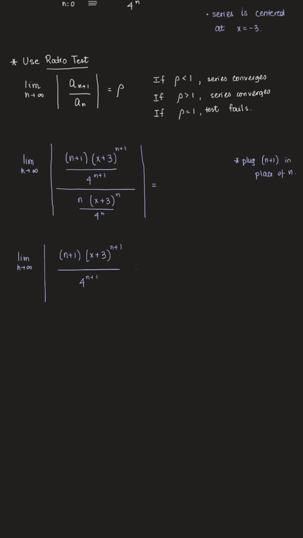And now I'm going to multiply by the reciprocal of the denominator. So we're going to have 4 to the n over n times x plus 3 to the nth power. Now I need to start simplifying, and I'm going to apply some of the rules of exponents that we already saw when we worked with the ratio test before.